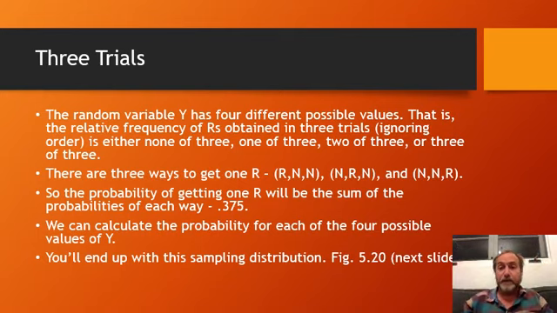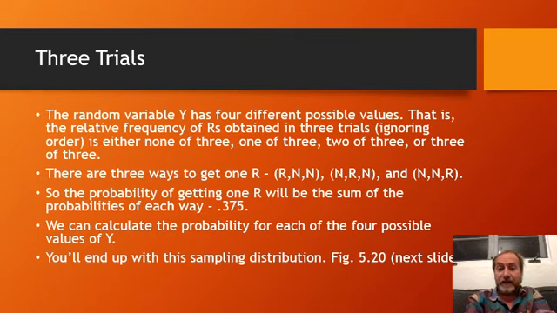For example, there's 3 ways to get 1 red. It could be an RNN, it could be an NRN, it could be NNR. So the probability of getting 1 R will be the sum of each of the probabilities. Each of them is 0.125, so the probability of getting a relative frequency of 1 R out of 3 is 0.375.